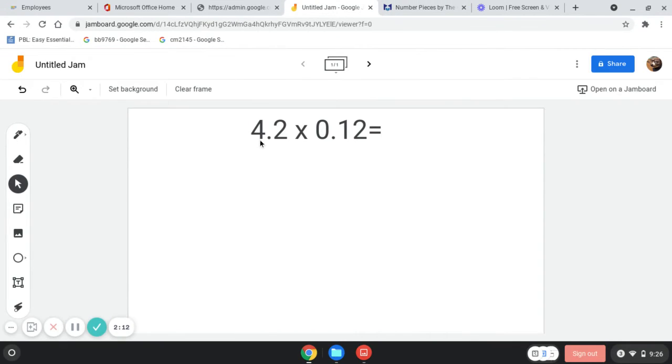Now, since 4 wholes is equal to 40 tenths, we now have to include the additional 2 tenths that are part of this number. Remember, this number is 4 and 2/10. So if we take the 40 tenths from the 4 wholes and combine it with the 2 tenths from this part here, then in total we have 42 tenths.